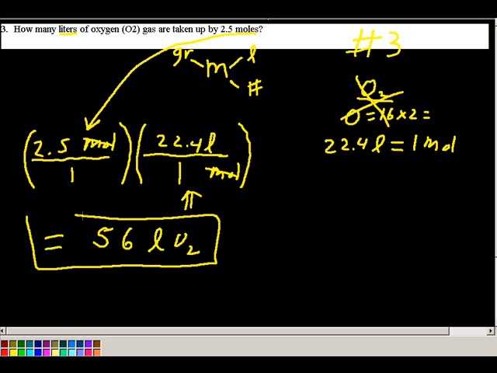Once again, is this reasonable? Well, 22.4 liters is 1 mole, but I have 2.5 moles. So I'm clearly going to have significantly more than 2.4 liters worth, and sure enough I do. Therefore, this answer seems very reasonable.